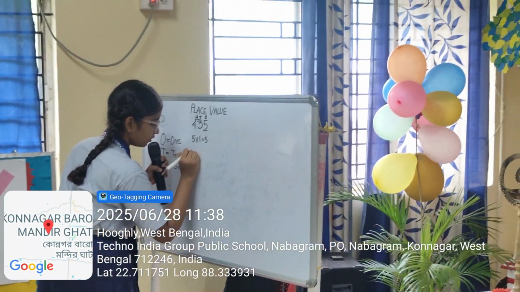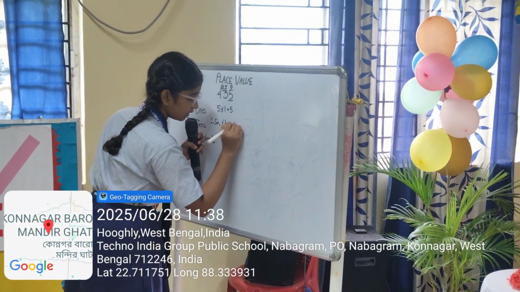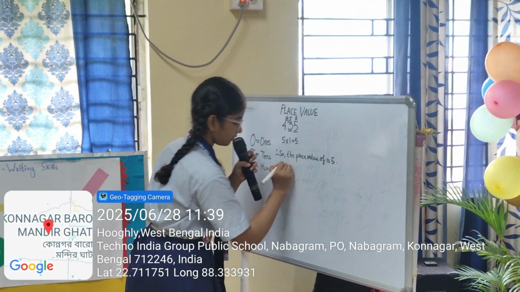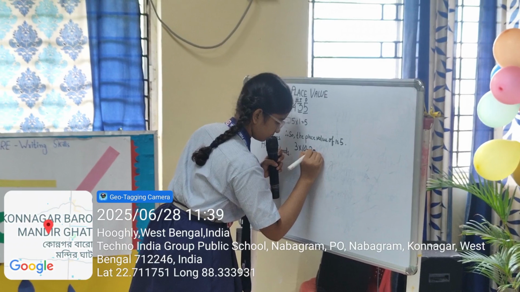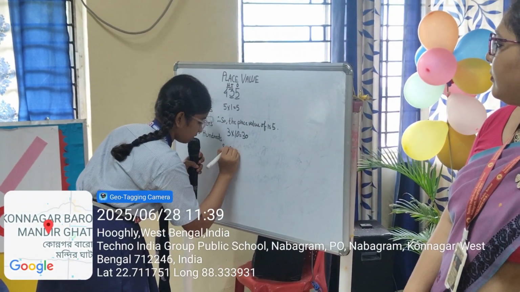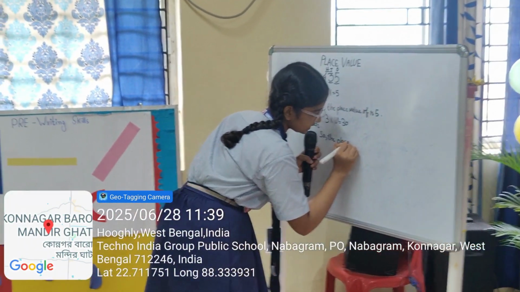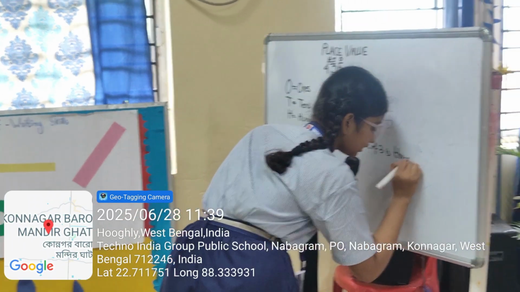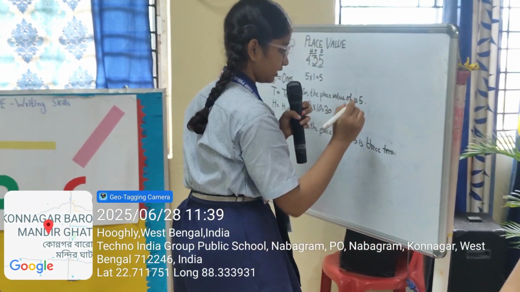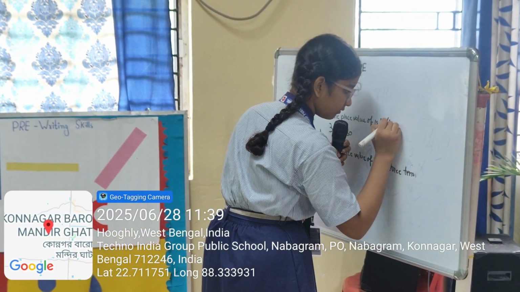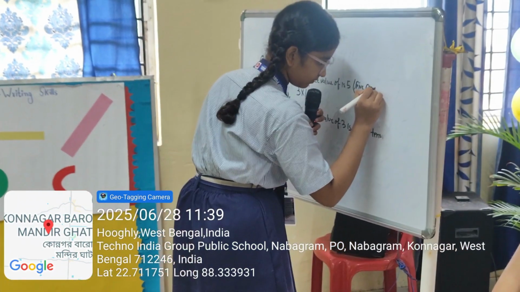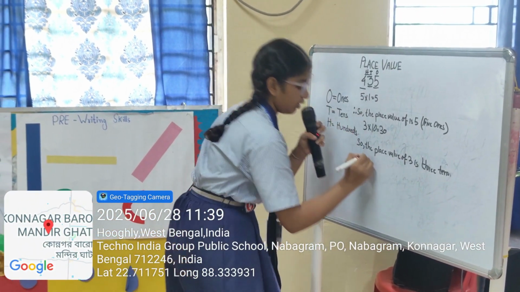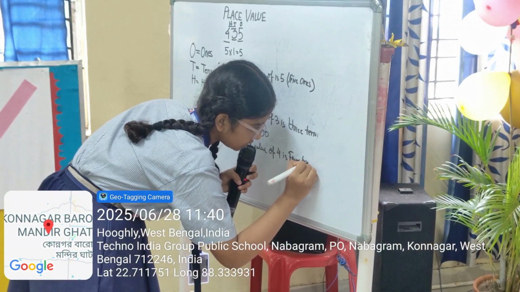Now the base value of 3 is at the 10's place, so we will multiply 3 with 10, so the base value of 3 is 30. At last we will find the base value of 4. It is at the 100's place, so we will multiply 4 with 100.